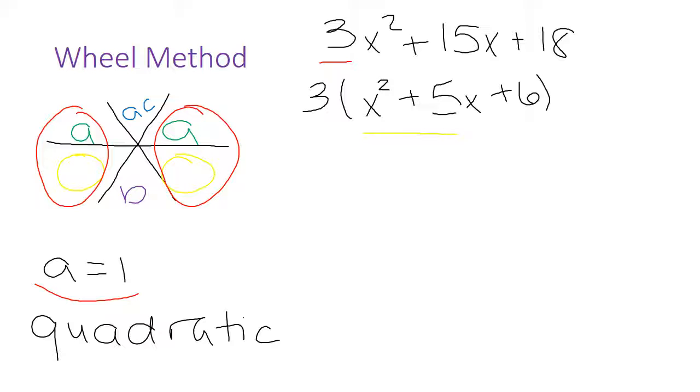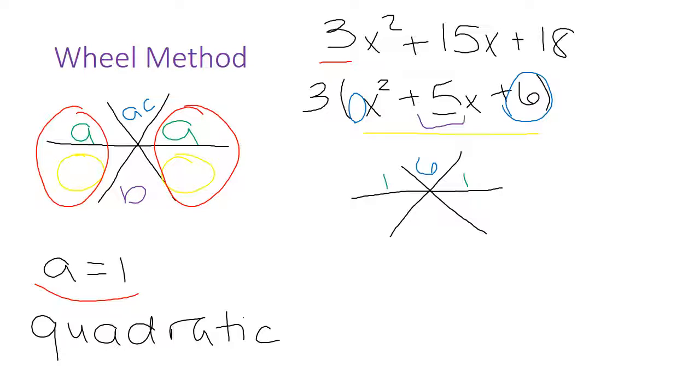Now we can do this in the wheel method. We draw our wheel and we get the product of our 1 and 6, which will just be 6. Then our A is just 1 and our B is 5.